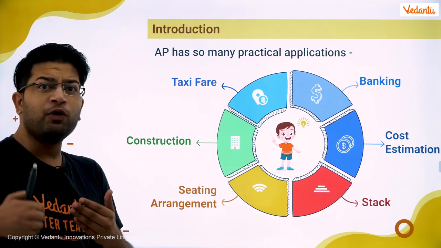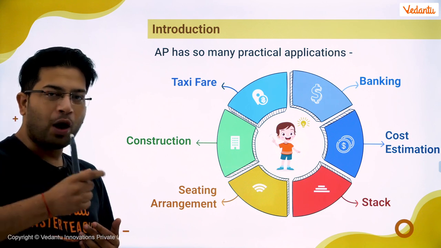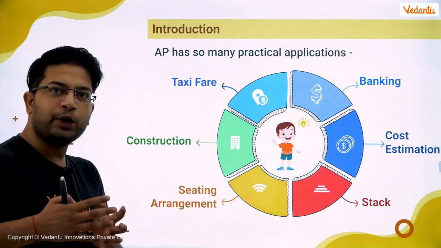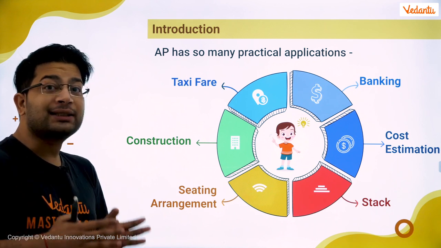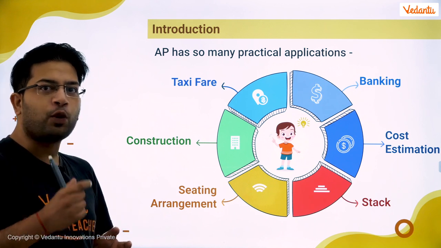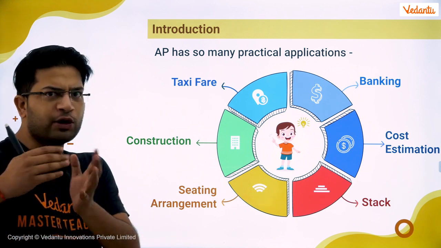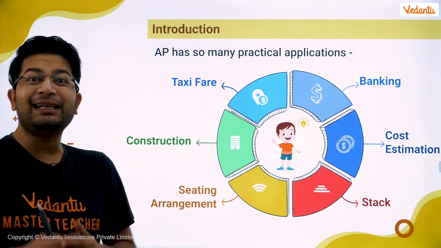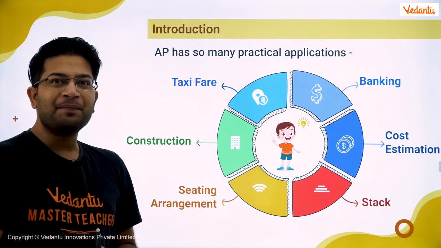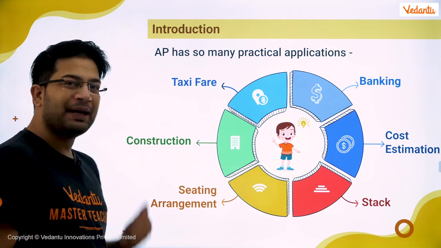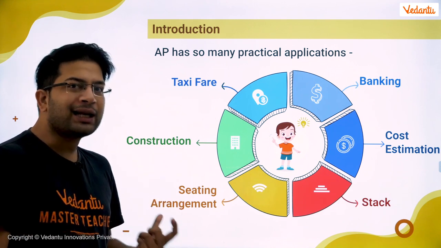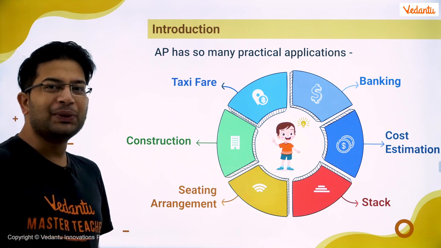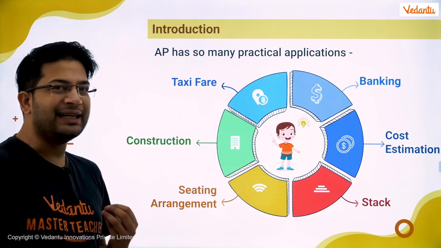The interest amount will keep on increasing with a common difference. Same in the taxi fare: after a particular distance my taxi will charge a particular rupees for 1 kilometer. So after every kilometer my fare will increase by a common term. That means arithmetic progression. In all other cases also, champ, there are many examples where we can use arithmetic progression in our daily life.